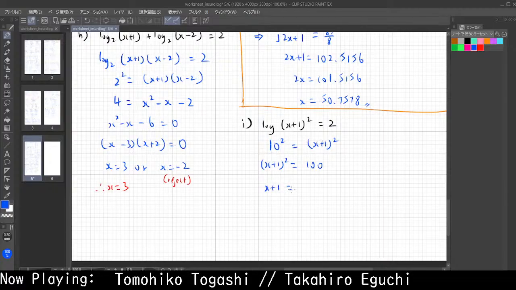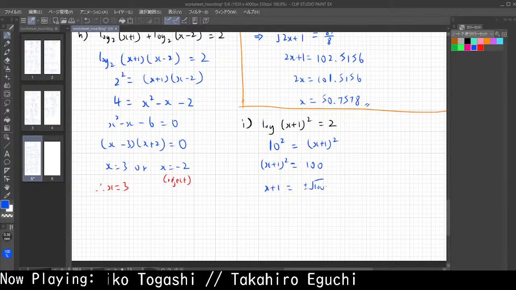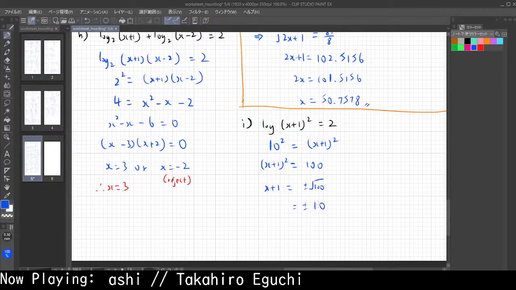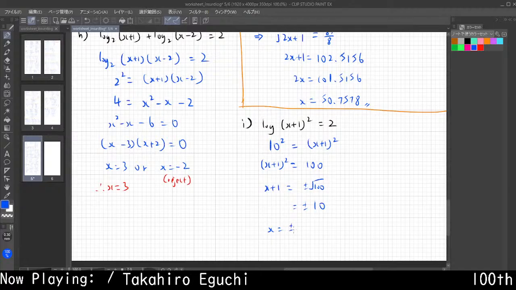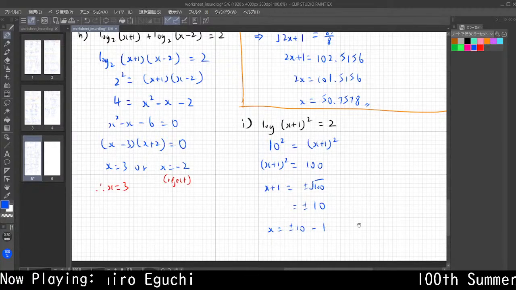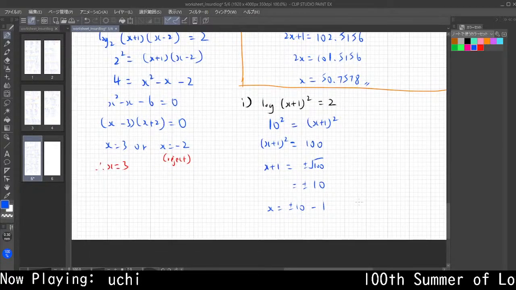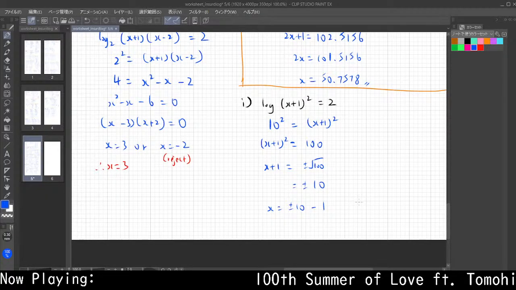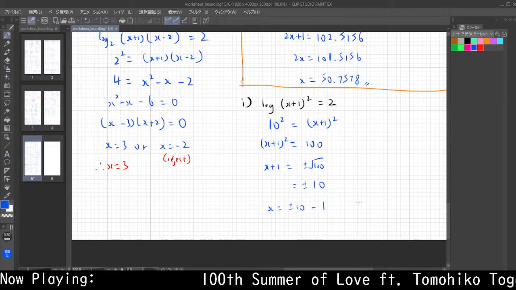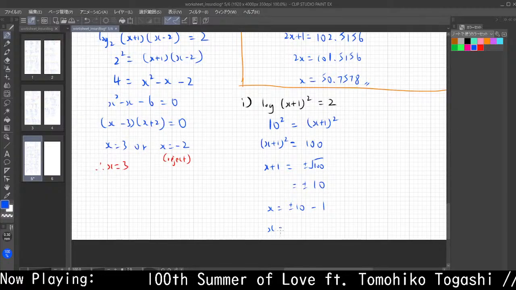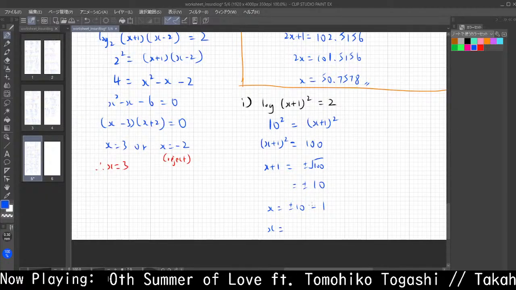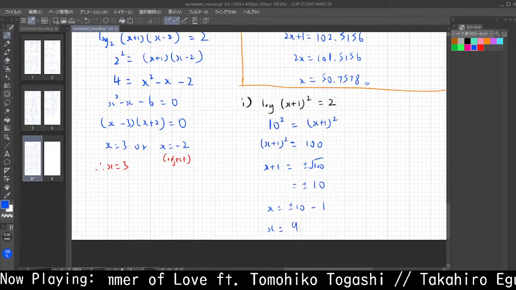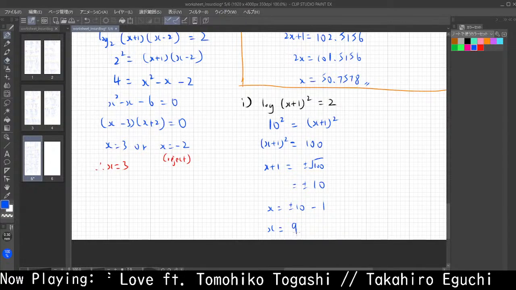Bring your square over, you get plus minus square root of 100, which is plus minus 10. So your x is plus minus 10 minus 1. So it's either the positive number or the negative number. But since your log cannot be negative anyway, you just ignore the negative number, and then your x is equal to the positive portion, so 10 minus 1 you get 9. And this is your answer.